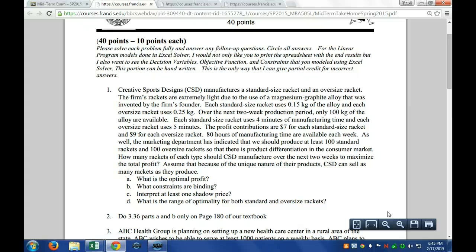For every unit increase I get of alloy, perhaps, my profit will go up by 20 cents. Or every unit decrease of this alloy, my profit will go down by 20 cents. And if you want to get advanced, you can throw that range of feasibility in there as well. But that's what I'm looking for: a sentence explaining that you know what the shadow price is.